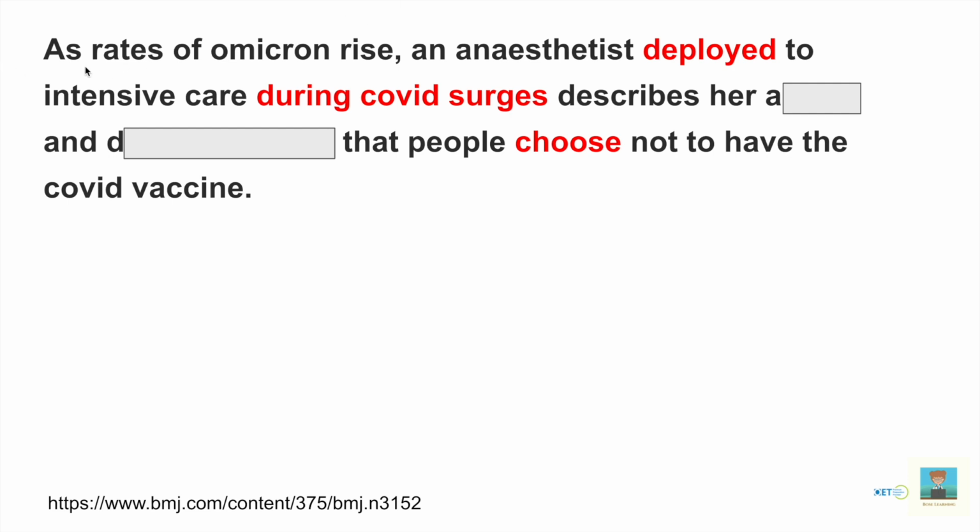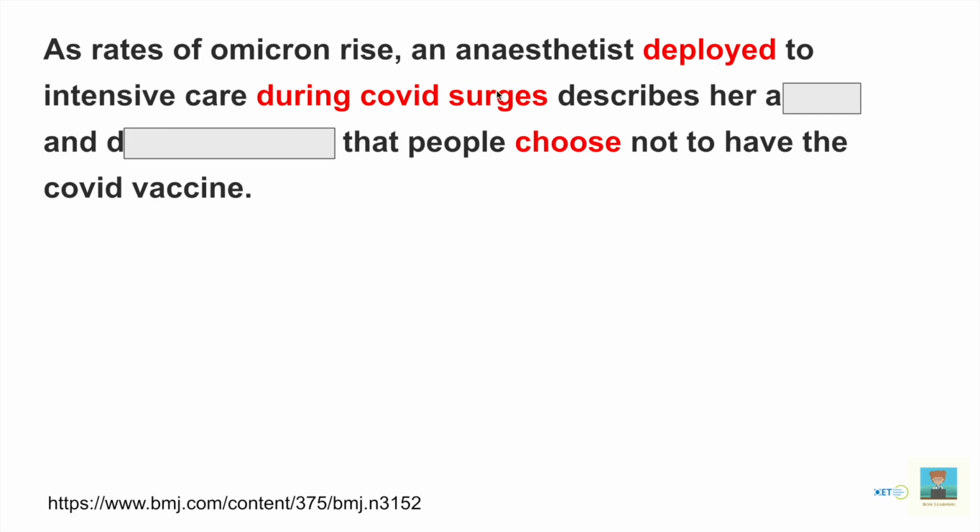So we've got here, "As rates of Omicron rise, an anaesthetist deployed to intensive care during COVID surges describes her blank and blank that people choose not to have the COVID vaccine." So what do you think could go here and here? This adjective begins with A, and this one begins with D. Have a think, but I'll give you the answer at the end of the video.